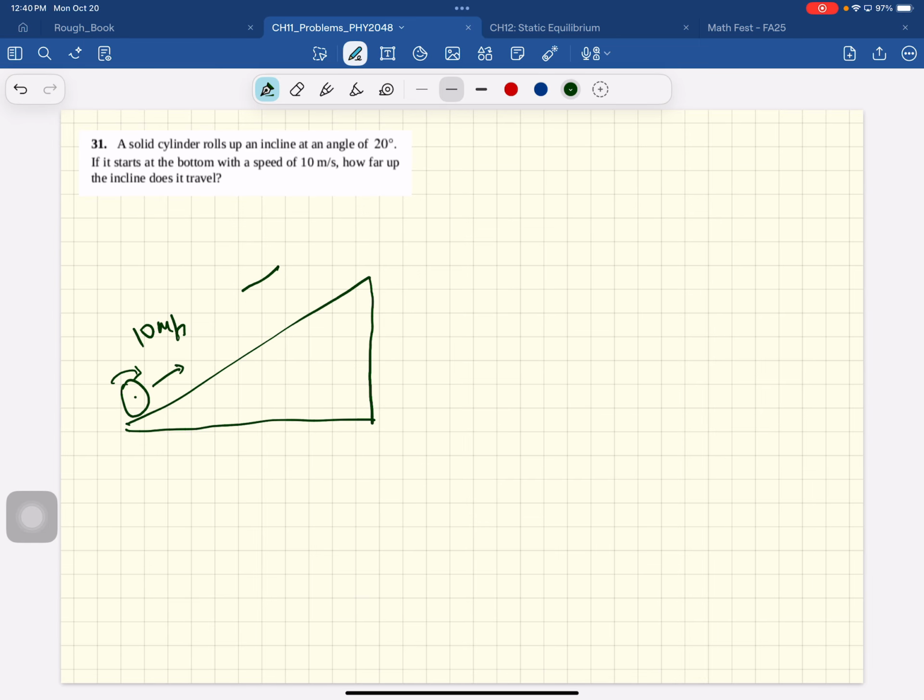And again, the acceleration is the same formula as before. The acceleration is in the opposite direction. And they tell you it's a solid cylinder.